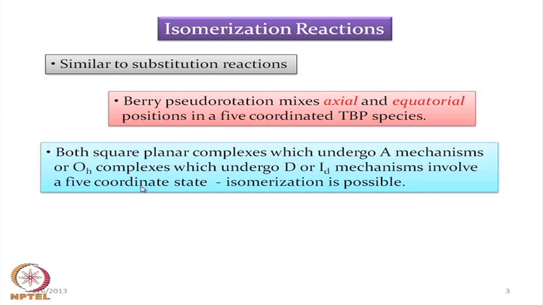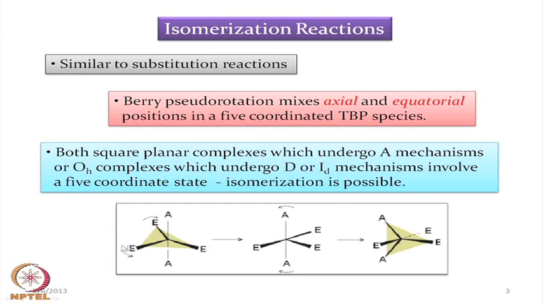If we get a 5 coordinate intermediate, then isomerization is possible from there. So, the octahedral complex, for a dissociative mechanism, loses one particular group, giving rise to a 5 coordinate intermediate, and that intermediate can undergo some isomerization reaction.